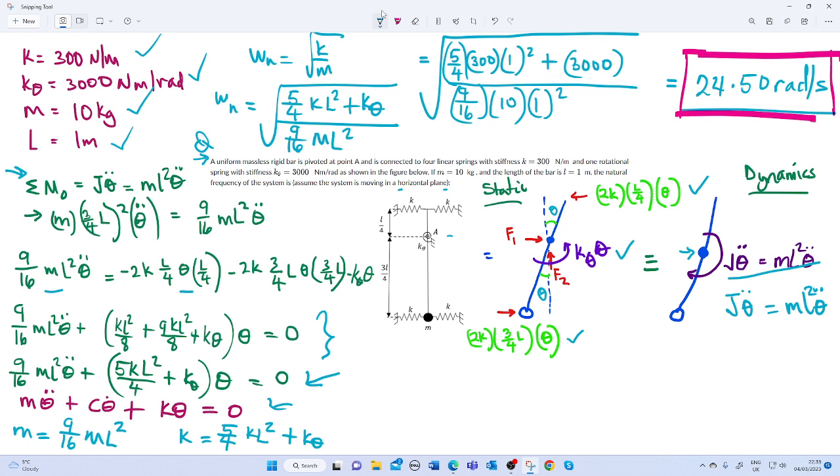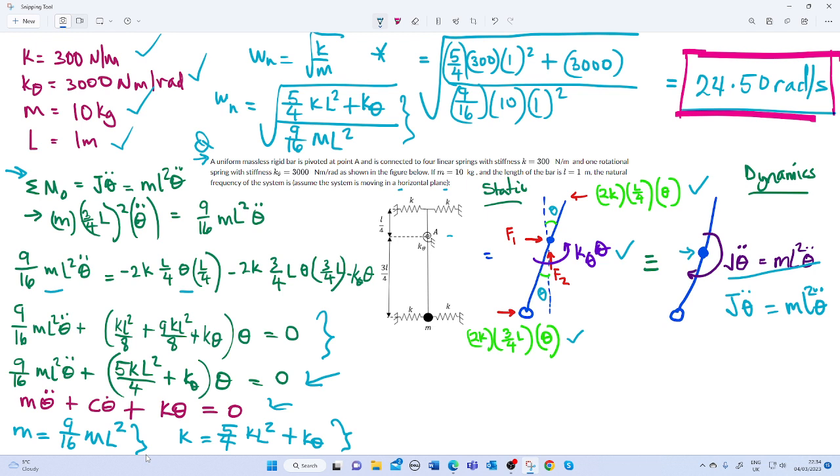So by inputting these both values into the natural frequency formula, that is Wn equals root of k over m, we get 24.50 radian per second.